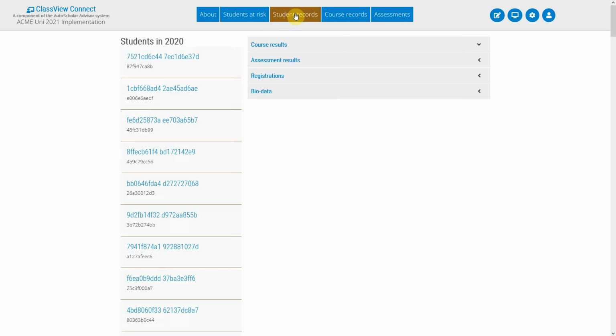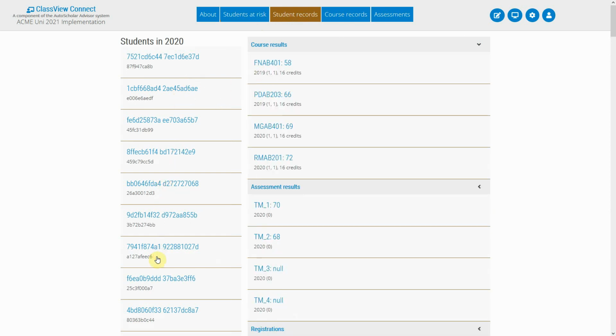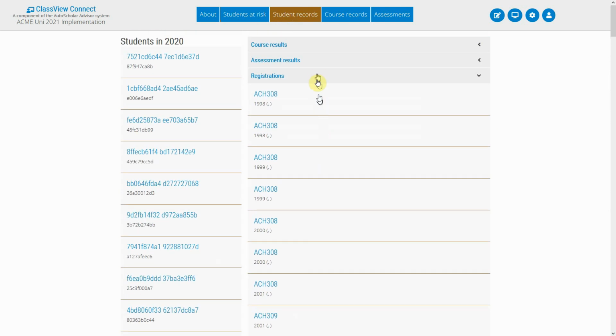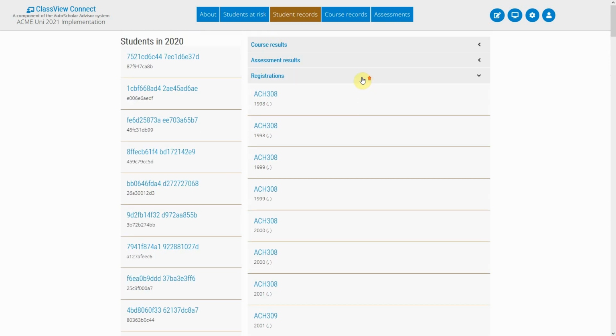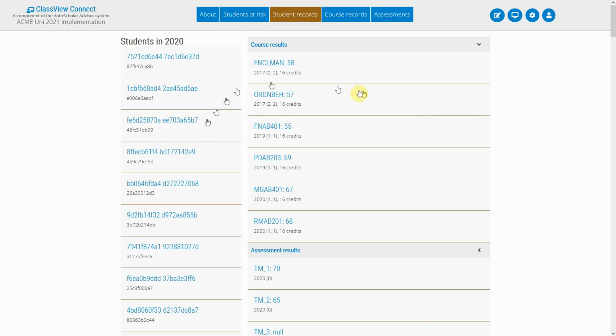If you look also under student records, you can select any student on the left here, and it will show all the results. And just for the sake of simplicity, you can twirl some of these in. So here, for the student, these are the other results that the student has accomplished in the other courses.